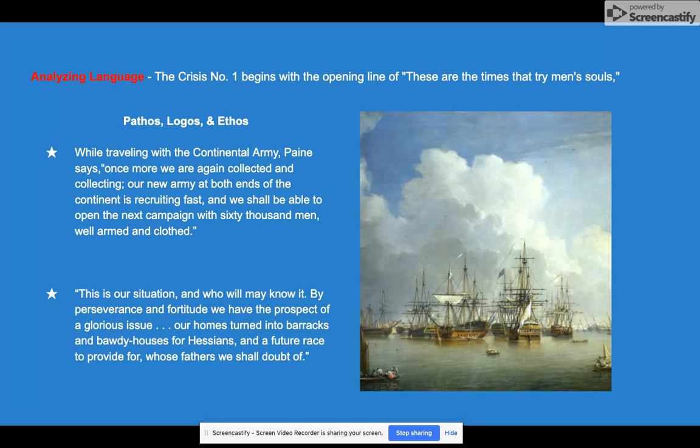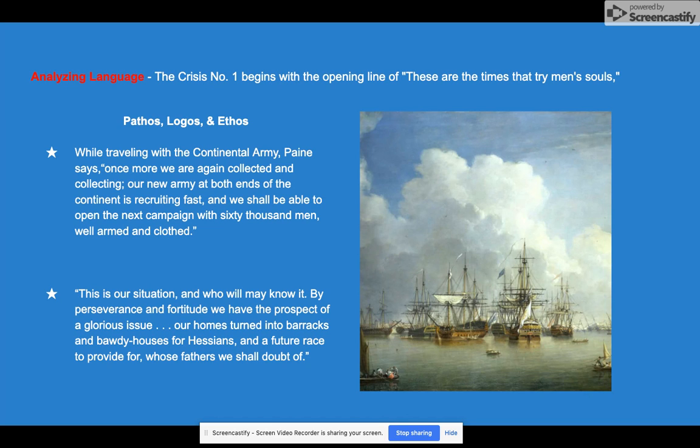The second example here, let's identify if it's pathos, logos, or ethos. "This is our situation, and who may know it. By perseverance and fortitude, we have the prospect of a glorious issue. Our homes turned into barracks and bawdy houses for the Hessians, and a future race to provide for whose fathers we shall doubt of." So, in my opinion, I think this is a good example of pathos and an emotional appeal because it's pointing to the anecdote or the story of the situation that is highlighting the difficult circumstances that they're going through.